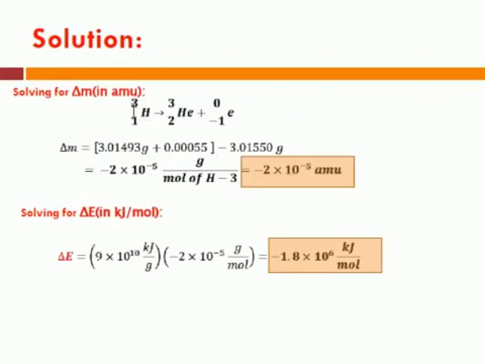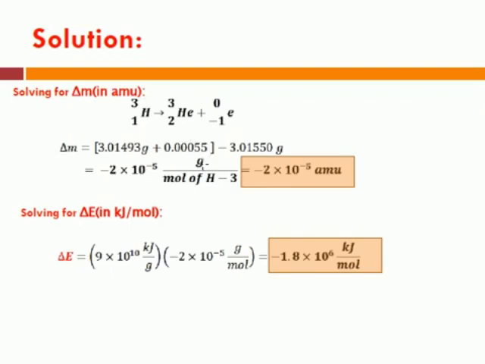We have hydrogen-3, and the atomic number of hydrogen is 1, so look for the atomic number on the periodic table. We have helium-3 here, and the atomic number of helium is 2. Then we have the beta particle, so you can change e, you can use beta here. So, mass of the product minus mass of the reactant.